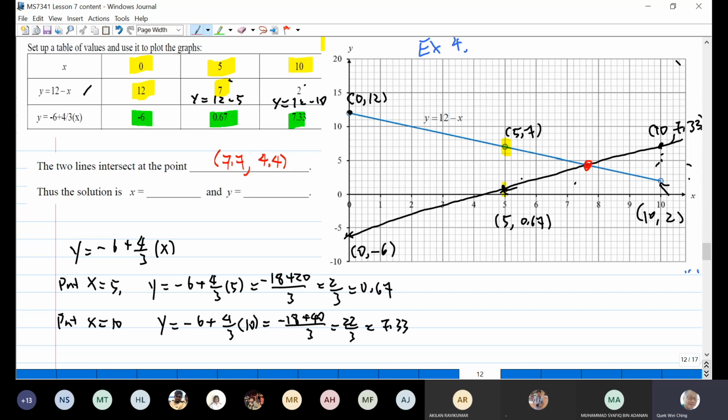So the solution is actually x equals 7.7, and y is 4.4, mine is 4.4. You cannot get exactly the same point unless you draw very accurately. 4.3 and 4.4 is short a little bit here.